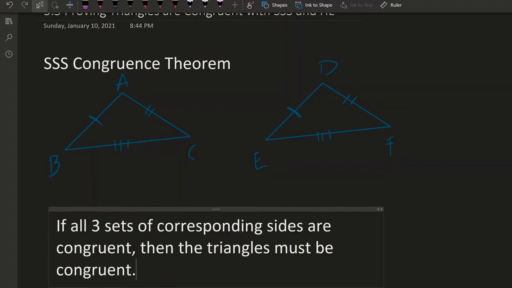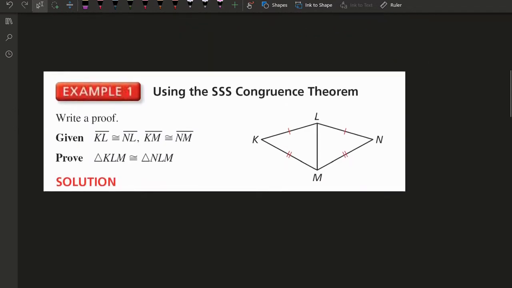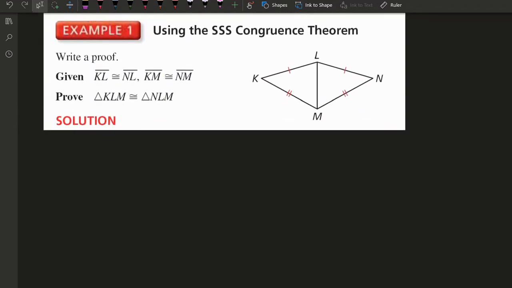Let's see how that looks in a proof. So, given KL is congruent to NL and KM is congruent to NM, prove that KLM is congruent to NLM. So, step one, we'll start off easy. Segment KL is congruent to segment NL.